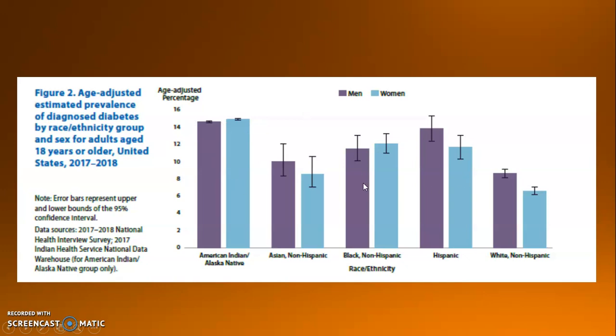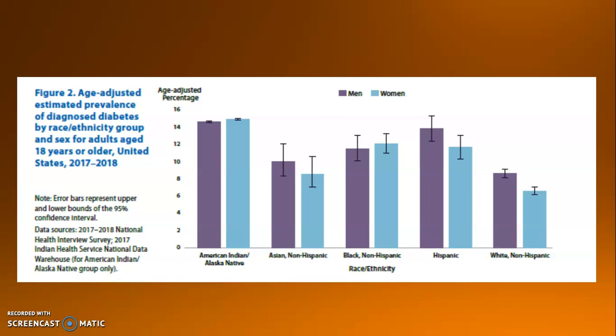And then we see in total that Black non-Hispanic is higher than Hispanic or Asian populations, but we are seeing some differences in males and females. In particular, white non-Hispanic, Hispanic, and Asian populations have more males being diagnosed than females, and in Black non-Hispanic and American Indian, Alaska Native, it's a little bit more females, although it's probably about the same for both men and women.